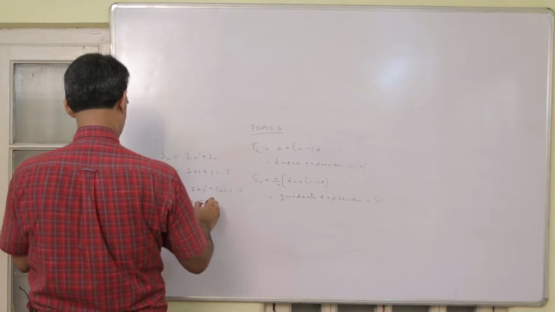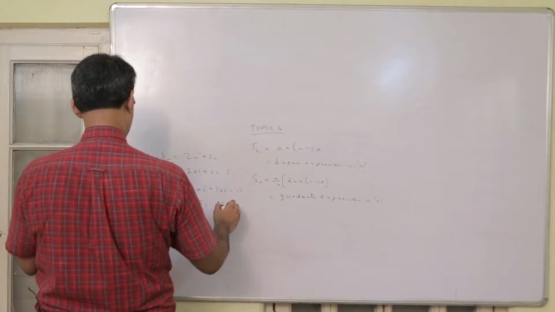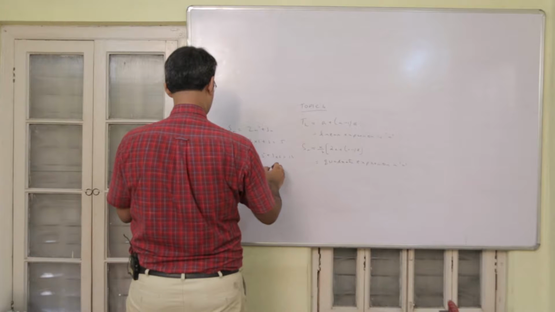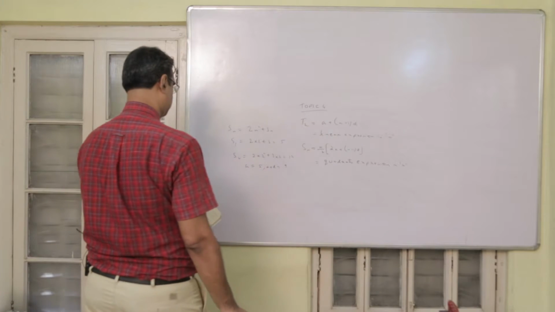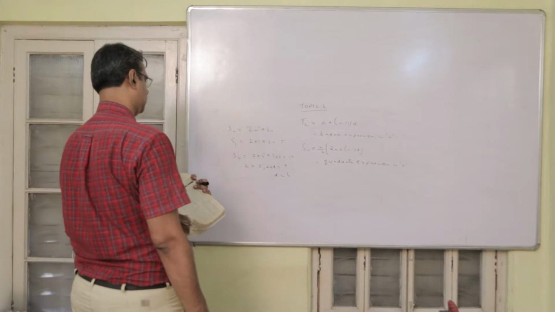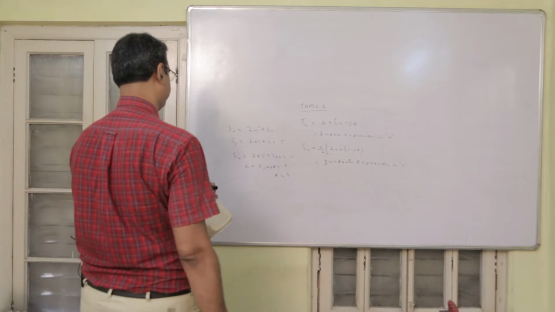So that means the first term is 5 and the second term is 9. So that means the common difference is 4. So this is one way of doing the sum.